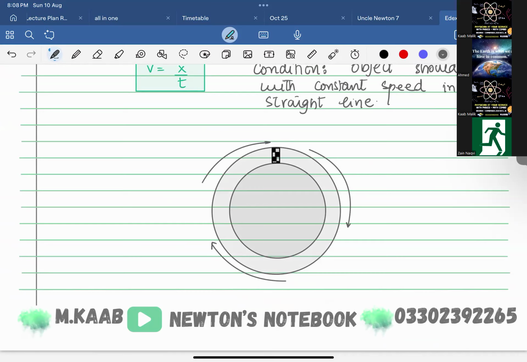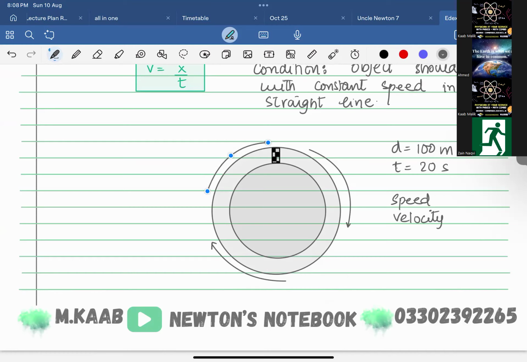Let's say the distance is 100 meters, and the time he took is 20 seconds. If I ask you to find the speed and the velocity, what would they be?